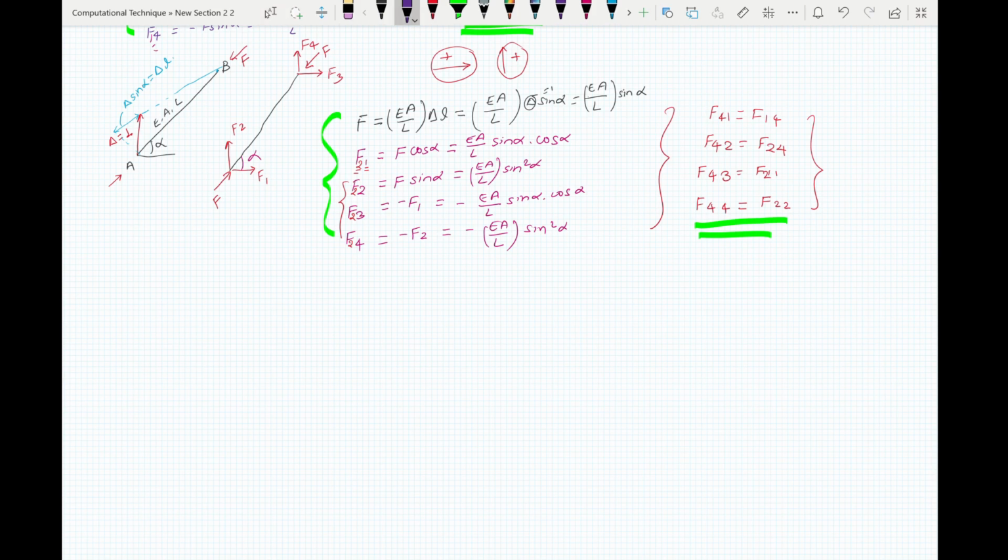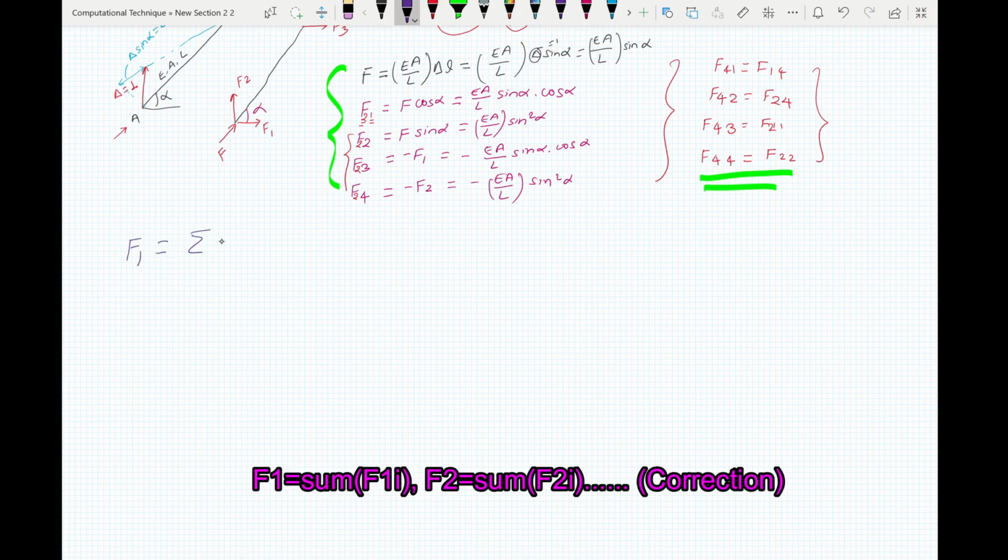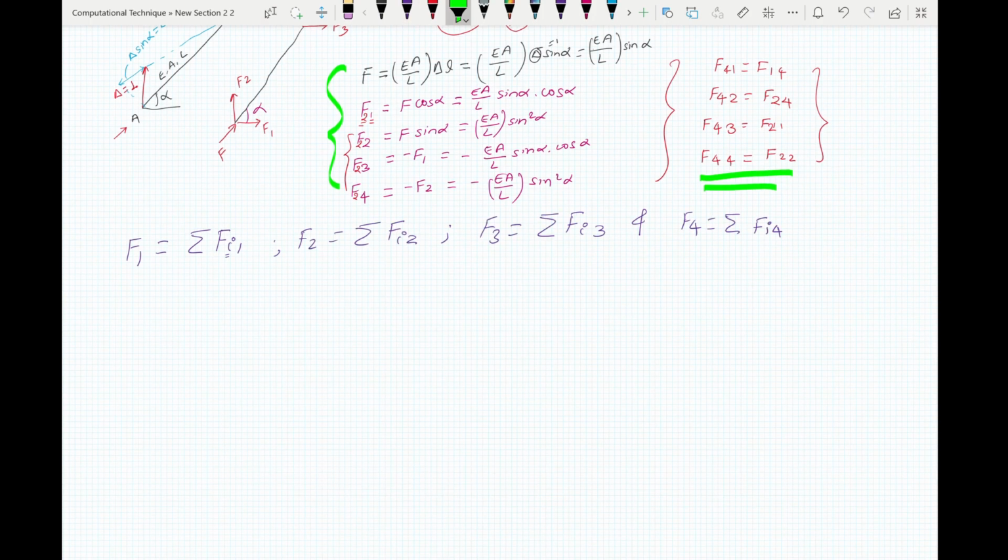Now what we have to do here is generalize and find our global force in all the degrees of freedom. That will be F1, because it is the summation of all the F1 forces due to displacement in I degree of freedom. Now you can see here that we have applied a unit displacement.